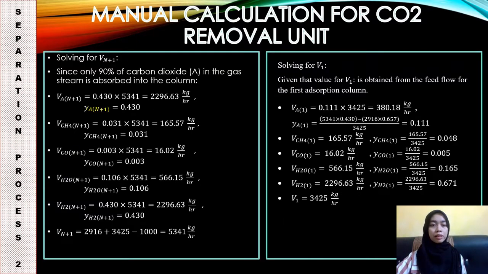For the feed gas stream, we have used the component mole fractions of the outlet stream of the water gas shift reactor from before, which are yCO2 equals 0.430, yCH4 0.031, yCO 0.003, yH2O 0.106, and also yH2 is equal to 0.430. Then for V1, when solving it, we use the component balance.